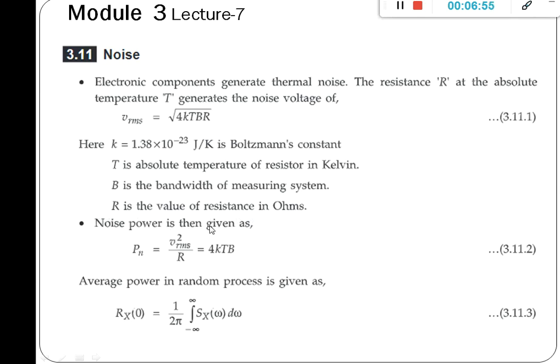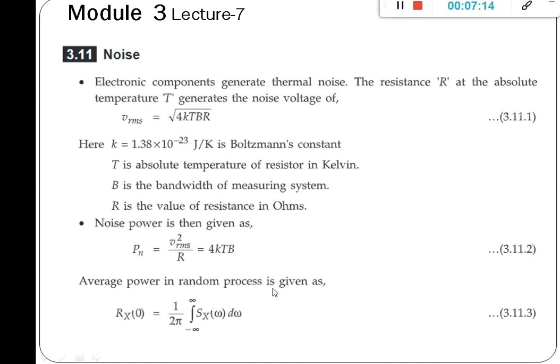The noise power is given by Pn equal to Vrms squared divided by R, which is equal to 4kTB. So from this equation, the equation for Vrms is obtained.